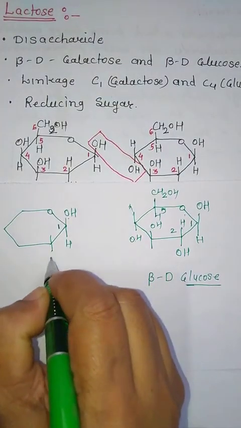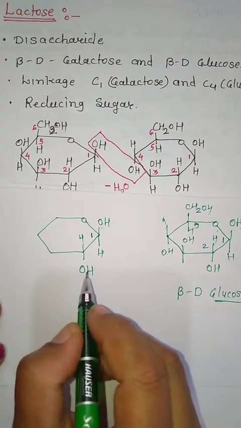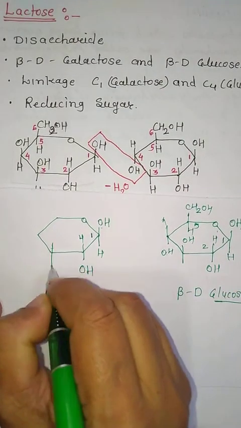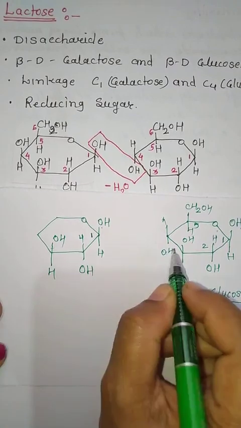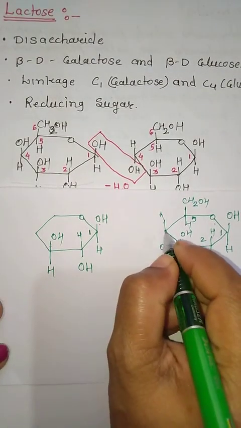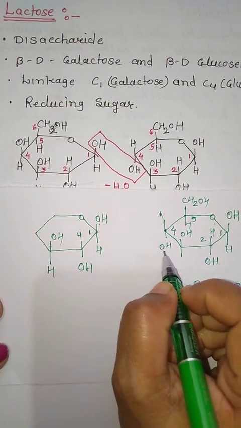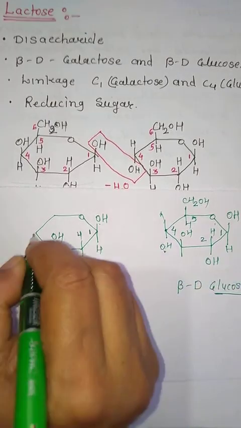ठीक है, दूसरा भी वैसे ही रहेगा. ठीक है, that is downward. ठीक है, इसके जैसा. उसके बाद थर्ड भी वैसे ही रहेगा. You see the similarity between the glucose and galactose. Now the question is, here this is the fourth carbon of glucose. There you can see the OH hydroxyl group is on the downward side.